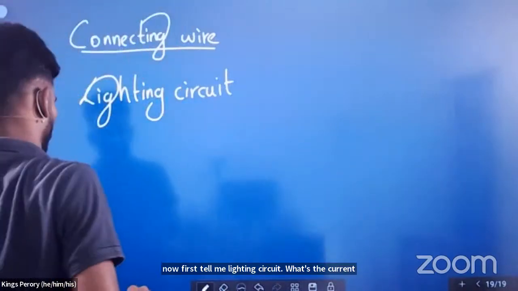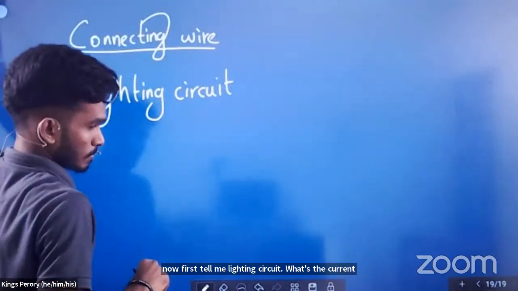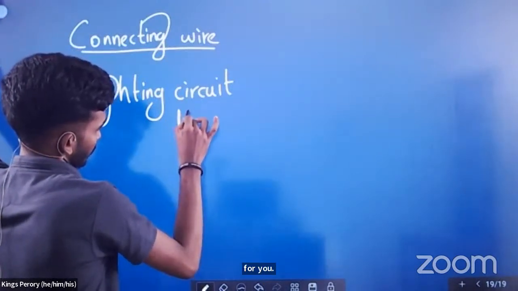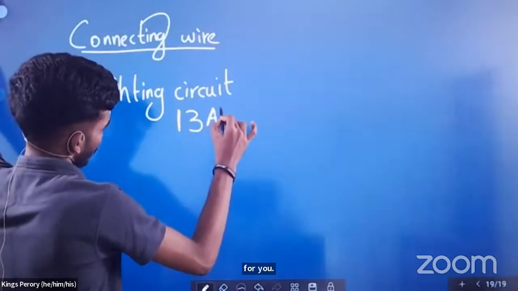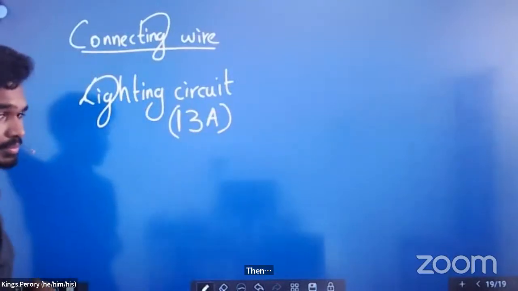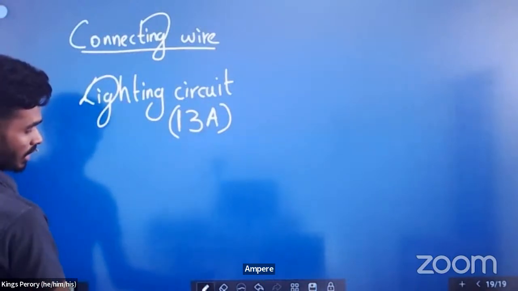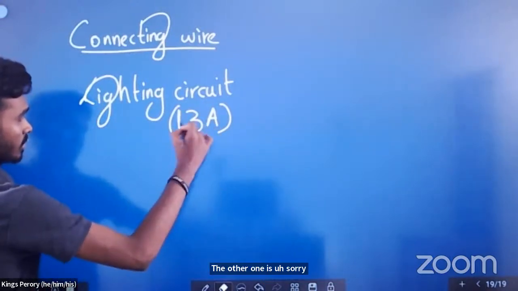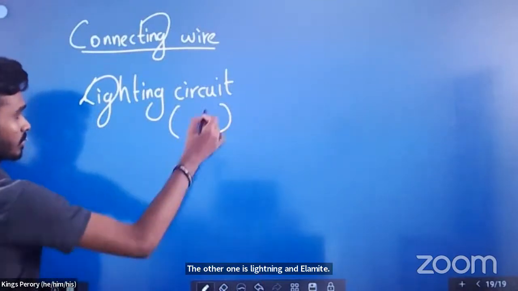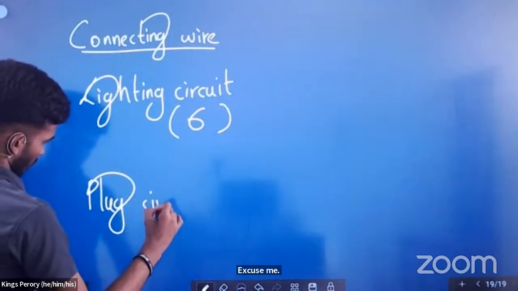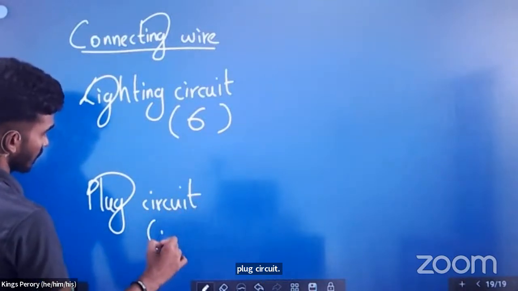Lighting circuit 6 ampere. Plug circuit 13 ampere.